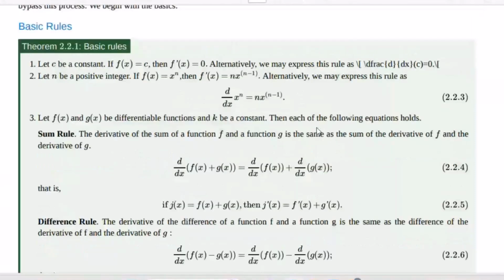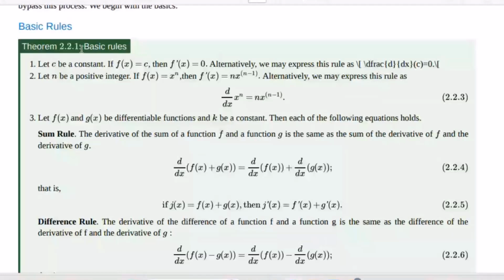Remember from high school. Even if you didn't do this in high school, don't worry. Theorem 2.2.1 says basic rules. Let C be a constant.